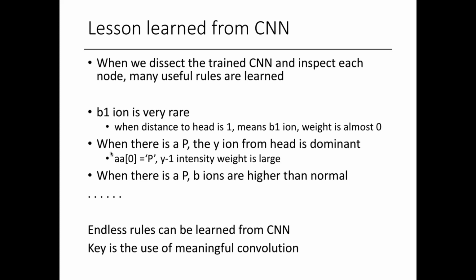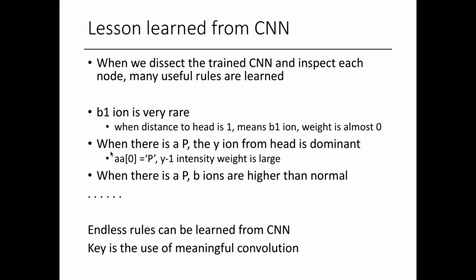There are almost endless rules that we can learn from this network. However, many of the rules still don't make much sense, but we're trying to understand what they mean. What we show here is that we can actually learn from this trained neural network.